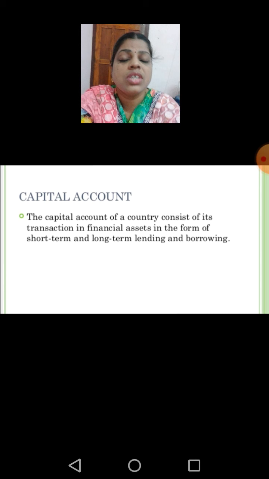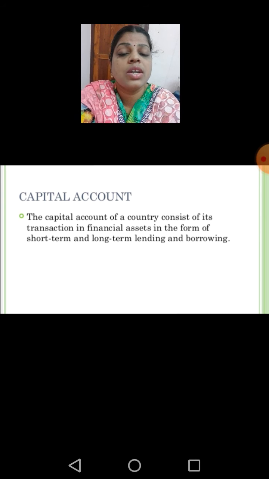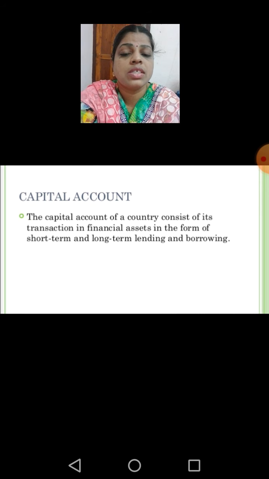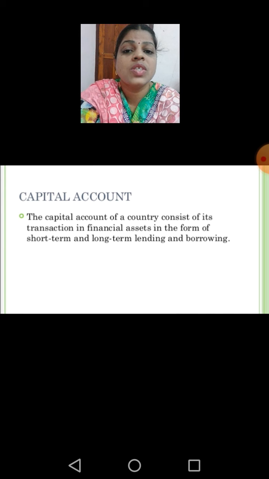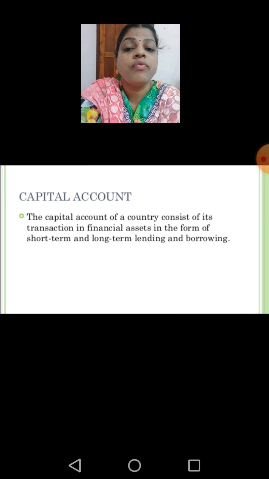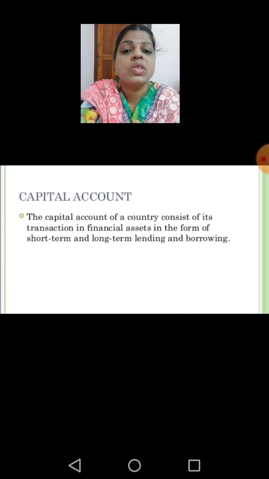So which are the different financial assets? I told you, purchasing and borrowing of various financial assets: shares, bonds, debentures, isn't it? Such transactions are included in the capital account.